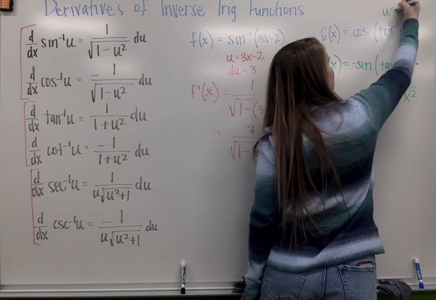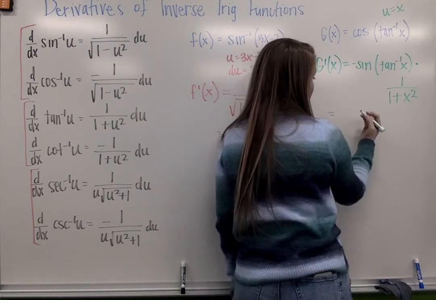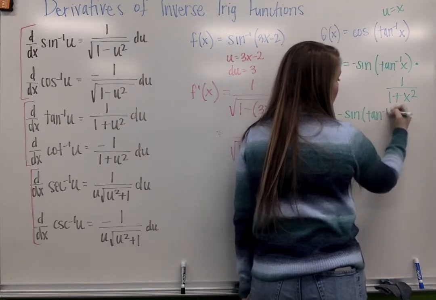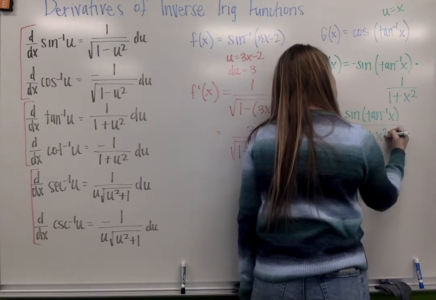In this case, u is just x. So that's pretty nice. That's going to end up looking like negative sine of the tangent inverse of x, all over 1 plus x squared.